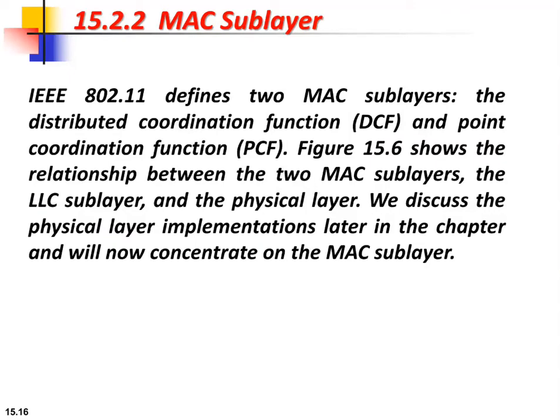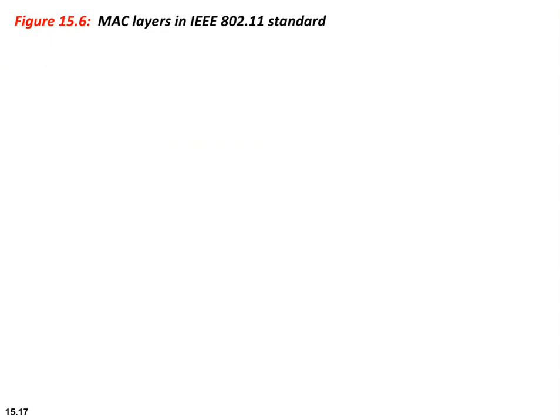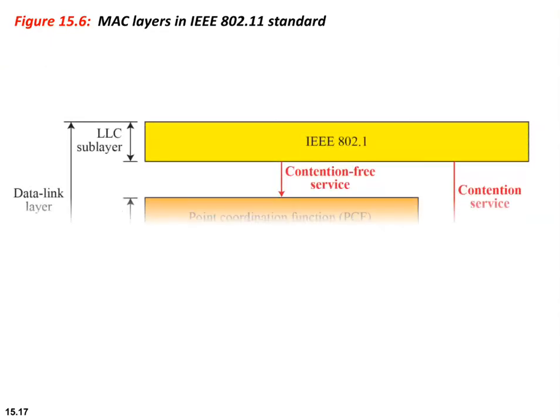Next, let us see about the MAC sublayer. IEEE 802.11 defines two MAC sublayers. As we have in the data link layer, there are two sublayers: one is the logical link control and the other is the media access control, which you can see here.